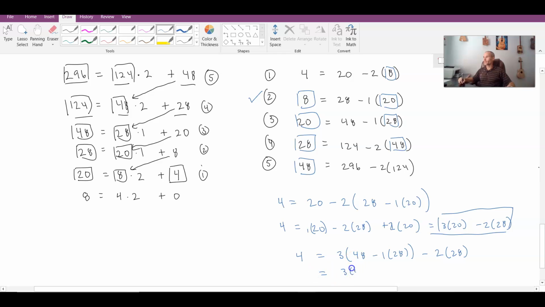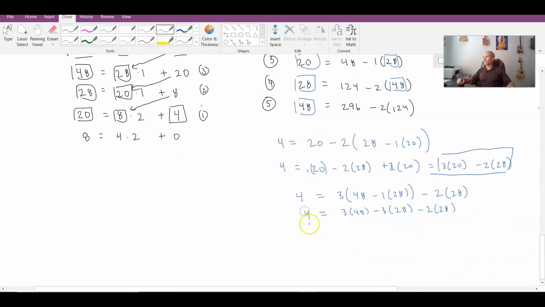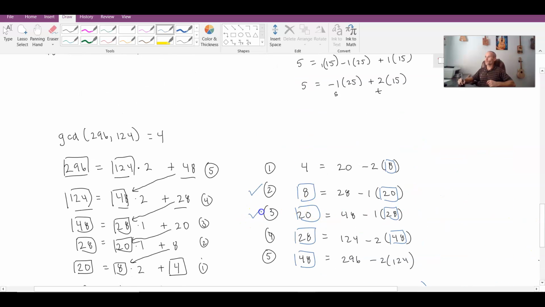I can say I have 3 copies of 48 distributing, minus 3 copies of 28, and then I have minus 2 copies of 28 here. So I can say that 4 is equal to, well, I have 3 copies of 48, and I have negative 3 and negative 2 more copies of 28, so I have negative 5 copies of 28. And again, I should just be able to check my arithmetic, that 3 times 48 minus 5 times 28 is equal to 4. That takes care of our substitution in step 3.